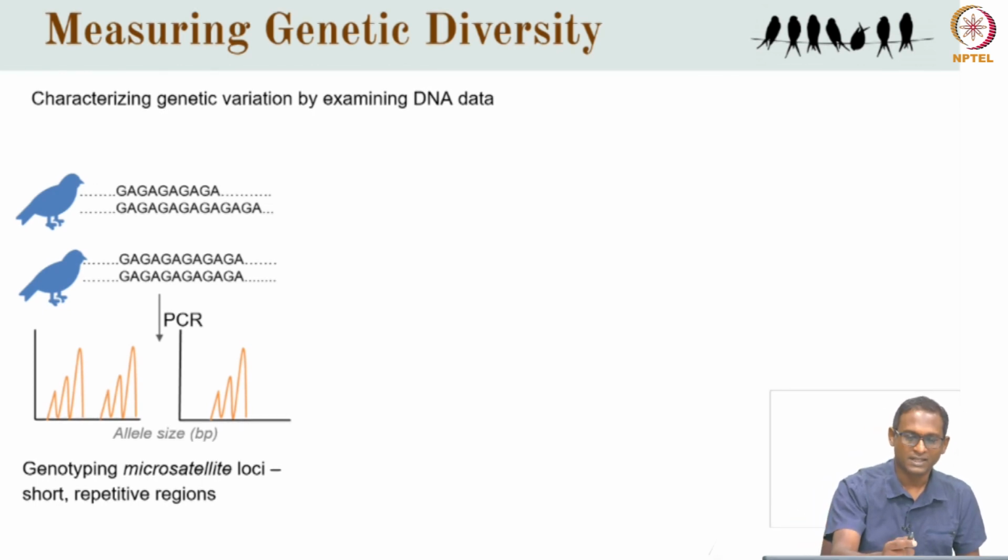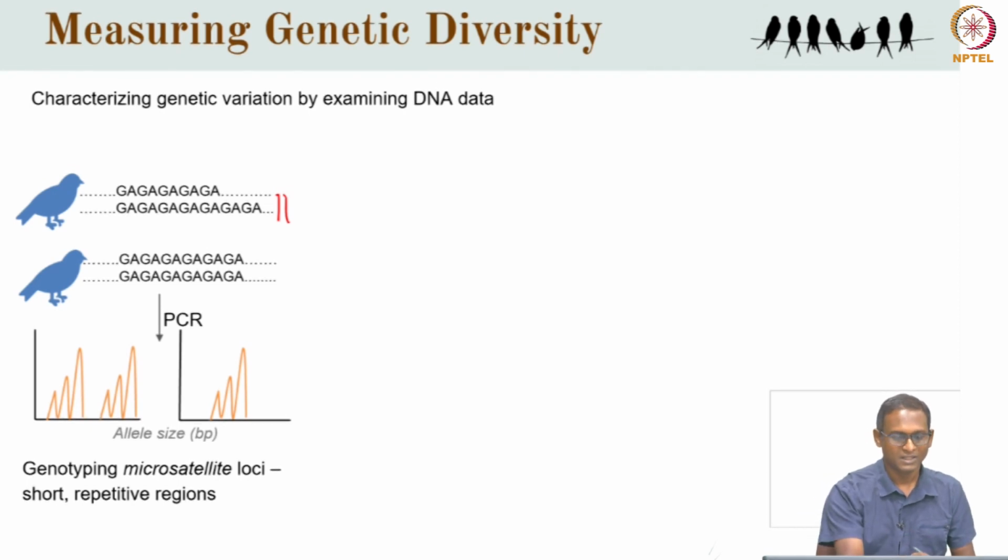I'll point to this example, which is a heterozygote, because it has different lengths of GAGA, and that is represented here. So that is 1 and that is 2.